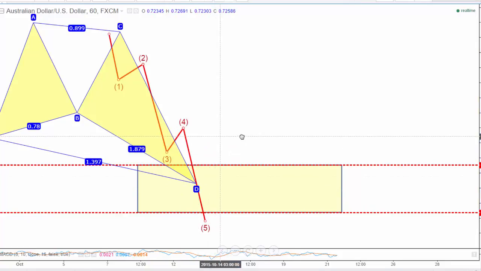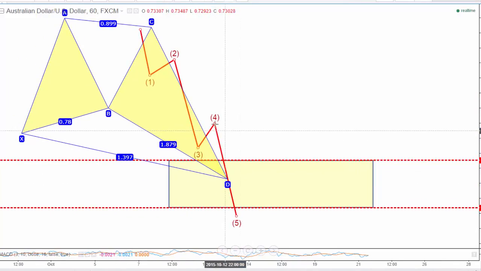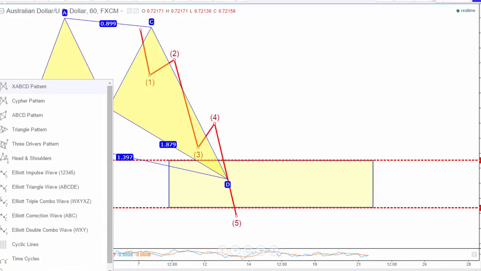What if this pattern was there just like that and this leg flushed down? You're still waiting. You're still watching.